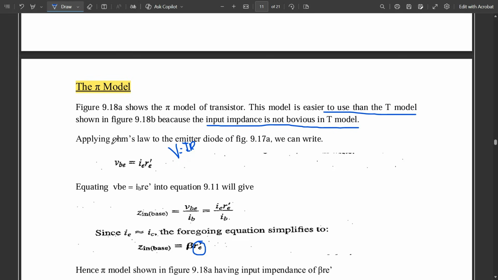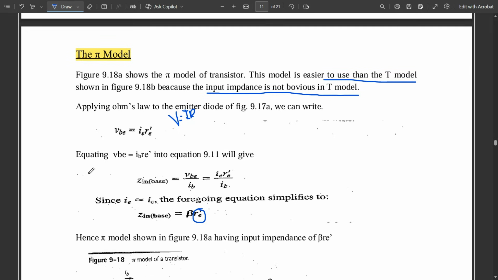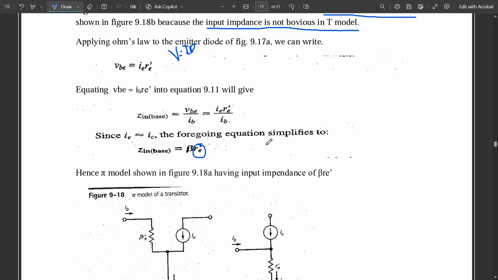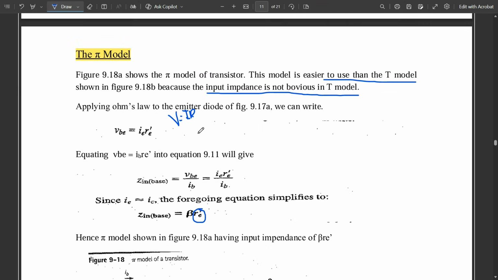So VBE is equal to IE into RE dash. Now, using equation 9.11, we get the Z in base equation, that is VBE divided by IB, for the pi model. Simply replace VBE with IE into RE dash, so VBE divided by IB is equal to IE into RE dash divided by IB.